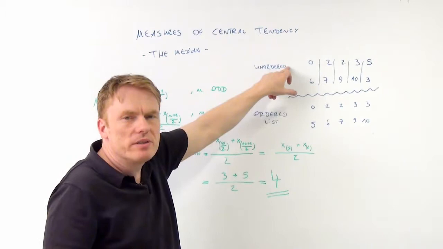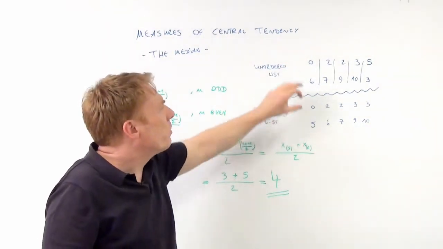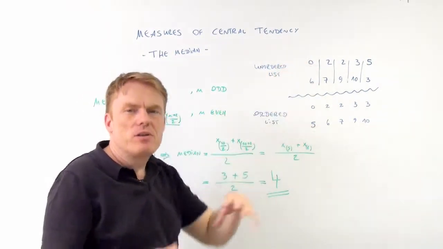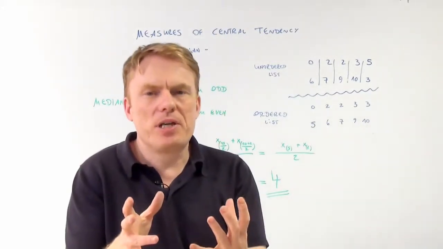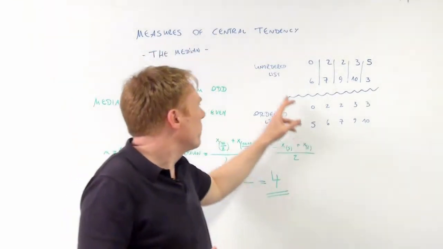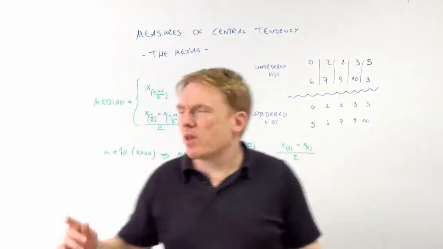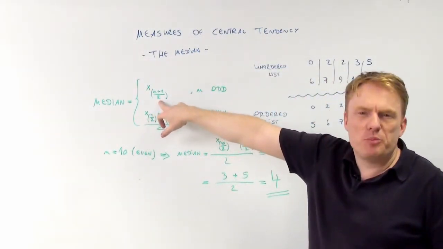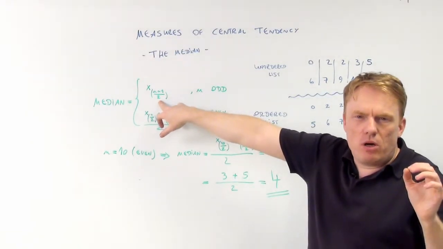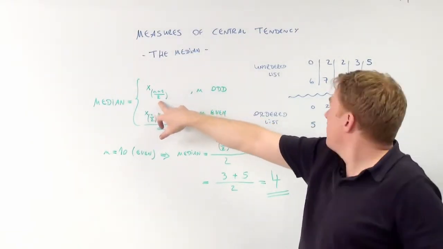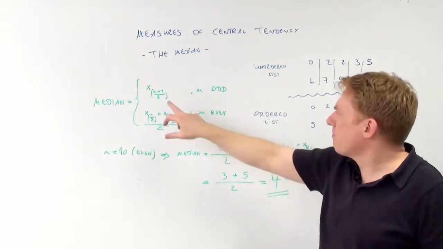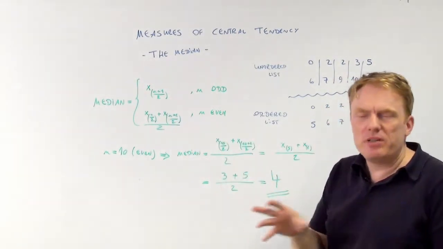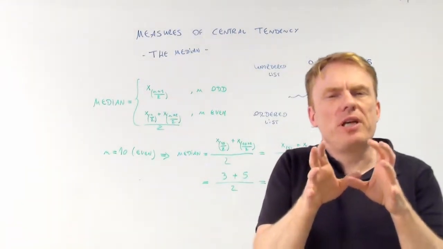So the unordered list becomes an ordered list, which means the values are still the same, but they're put in a different order than here. So if I put the sub-index into brackets, I always mean a value inside the ordered list. Meaning that we need, first of all, to take a look.